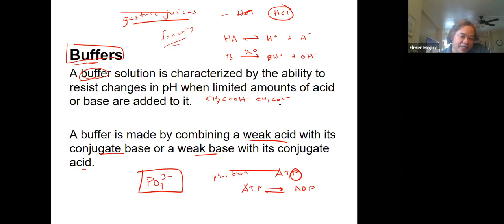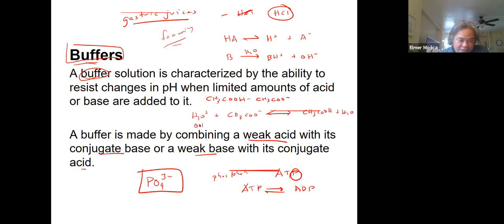So how does it act with the acid that is added to the system? When you add an H3O plus, the base form will react, giving you CH3COOH plus H2O.